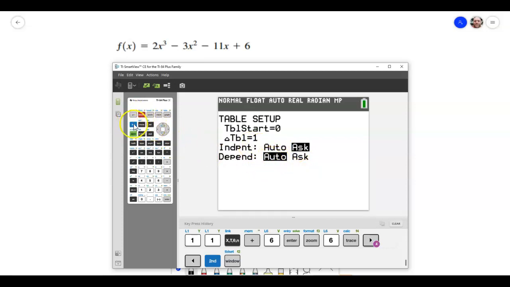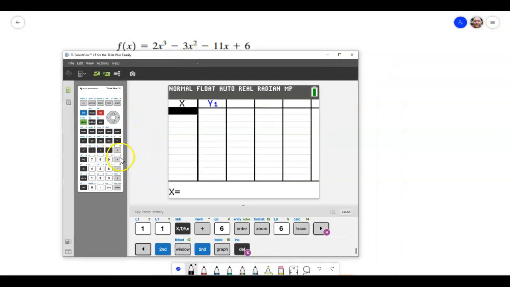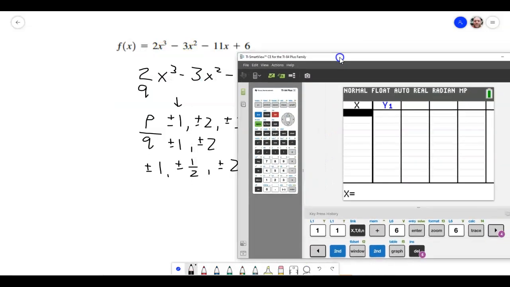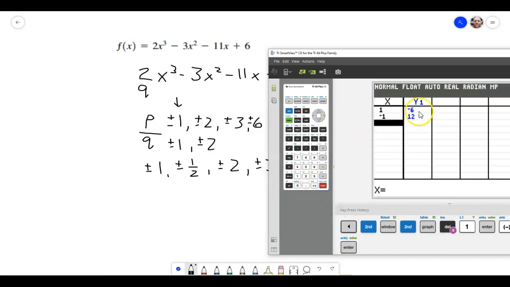I did second window for that. And then I'm going to do second graph. That's my table. So let's just go ahead and start with 1, -1. And we're looking for a y value of 0 over here. 1/2, 1 divided by 2.